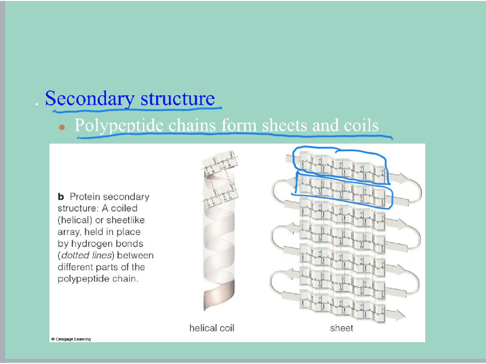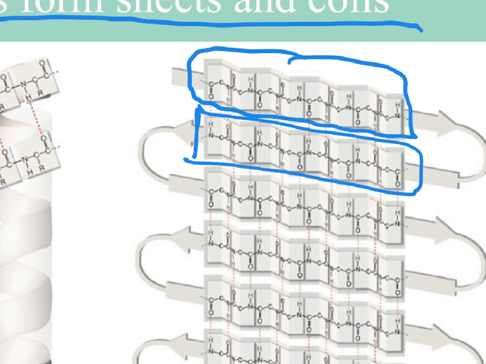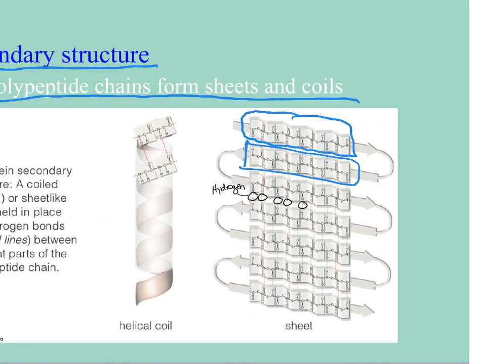And if we look a little bit more closely, I want to point out that these bonds that are holding the sheets together, you guys should recognize those. Those are hydrogen bonds. Remember, hydrogen bonds function not necessarily to hold atoms together.